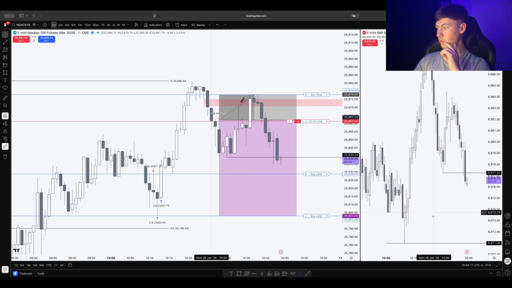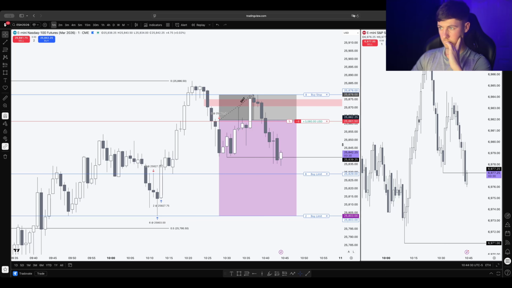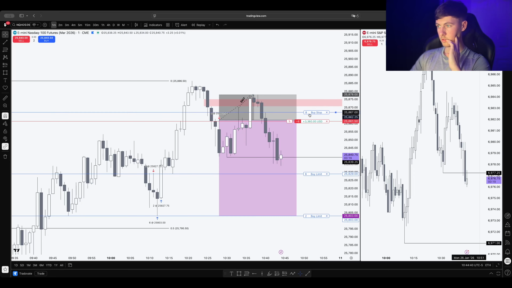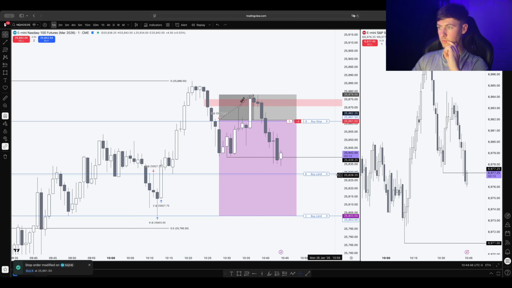Watching ES as well on the right, because if ES takes full TP, then I will just close fully there, or at least go break even. Stops to break even now. Shouldn't stall from here, we should just be running that low.